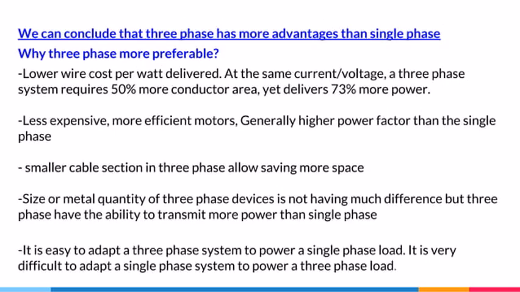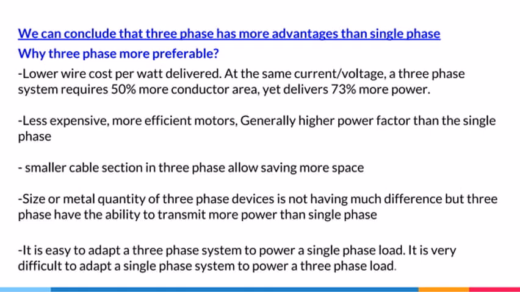So we can conclude by saying that three-phase has more advantages than single-phase. That is, lower wire cost per watt delivered at the same current or voltage. A three-phase system requires 50% more conductor area, yet it delivers 75% more power, and it has less expensive, more efficient motors, and generally a higher power factor than single-phase. A smaller cable section in three-phase allows more space savings.